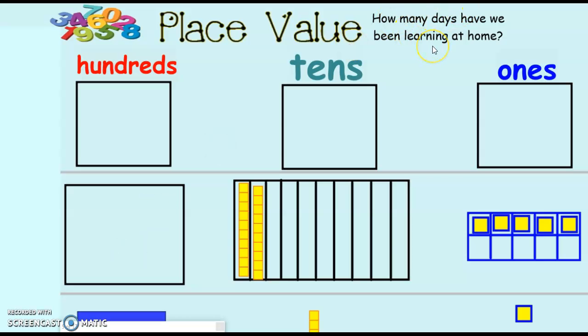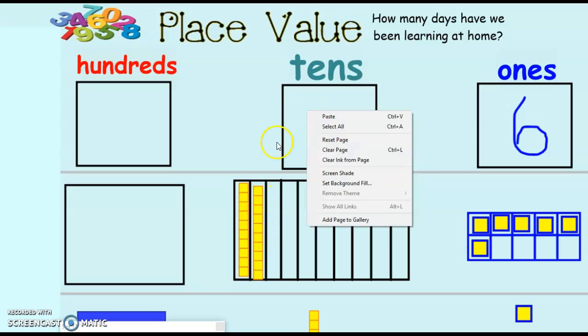All right, how many days have we been learning at home? We need to add 1 to our tens frame up here. So if we add 1, how many are in our ones place? 6. Very good. We can count 1, 2, 3, 4, 5, 6. And how many are in our tens place? 1, 2.